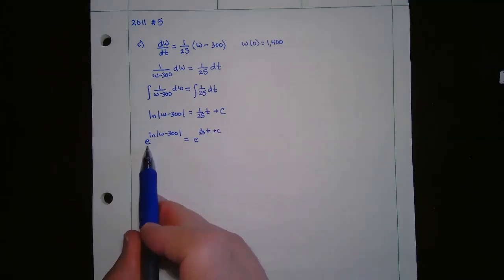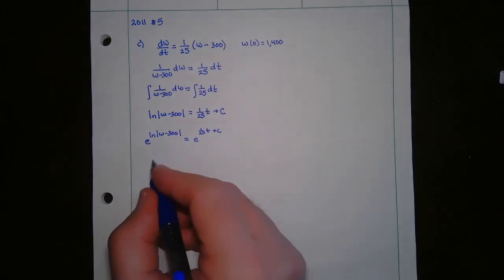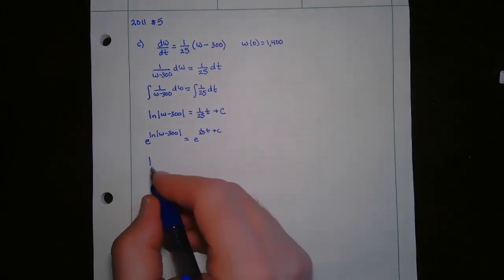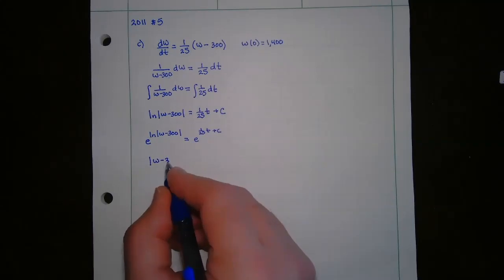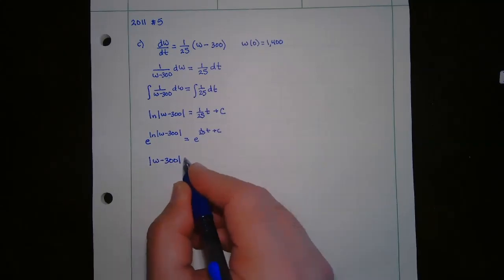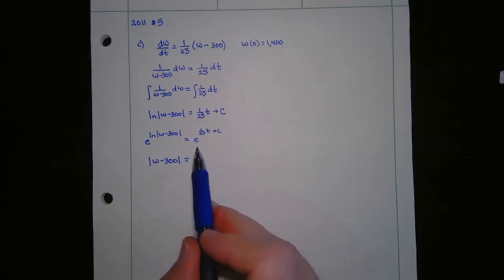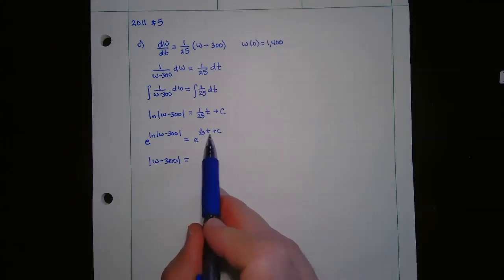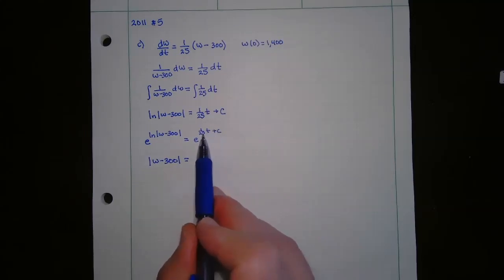Now, e to the natural log, they're going to undo each other. We're going to be left with the absolute value of W minus 300 is equal to, and these are exponents that we're adding, and we do that when we multiply and have the same base.